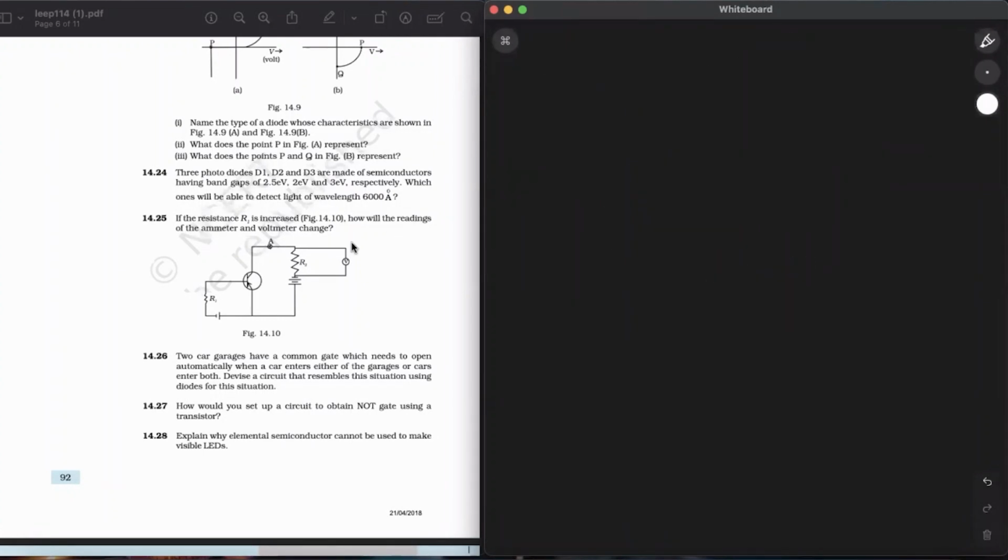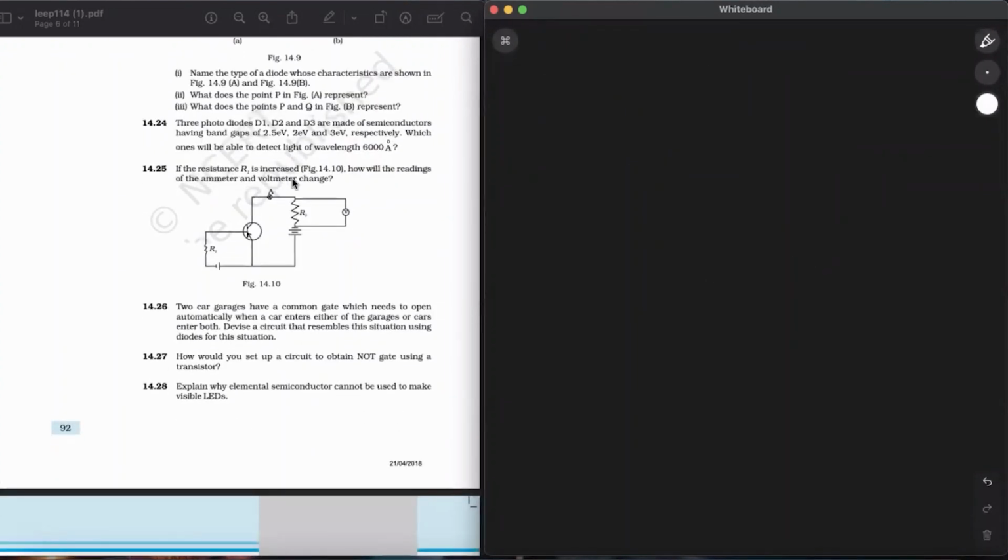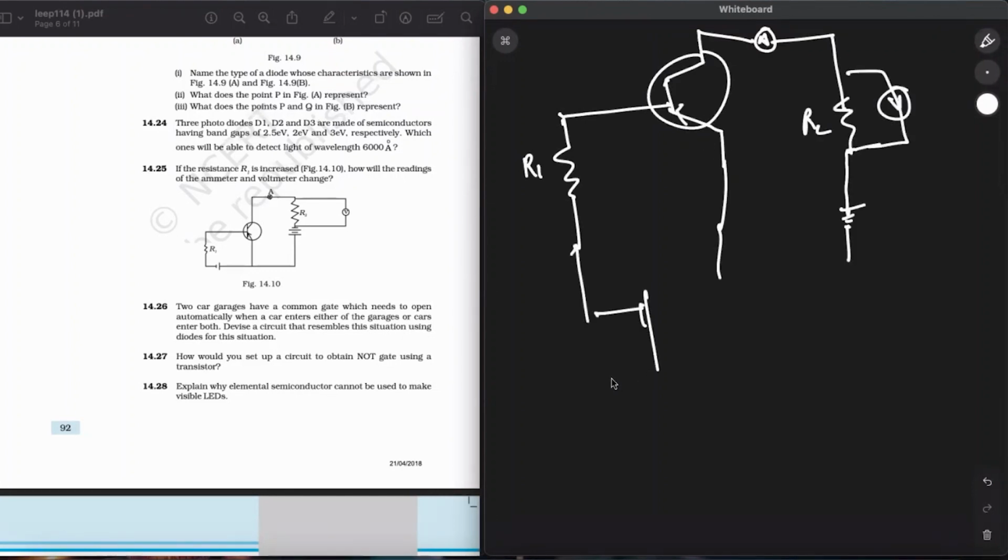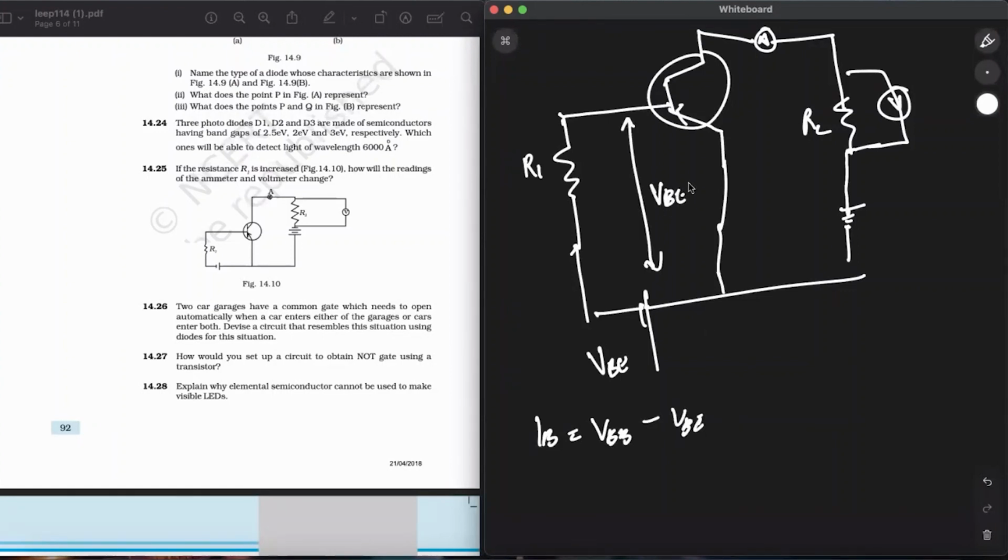Moving on to question number 25. If the resistance RL is increased, how will the readings of the ammeter and the voltmeter change? First of all, the base current IB will be equal to VBB minus VBE, where VBE is the potential difference in this part, divided by RL.